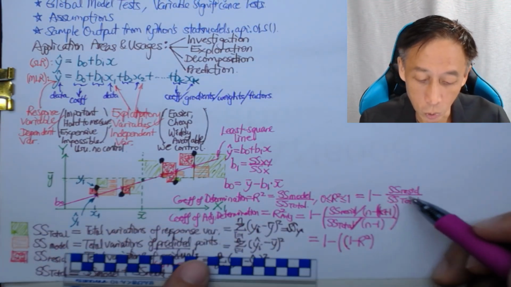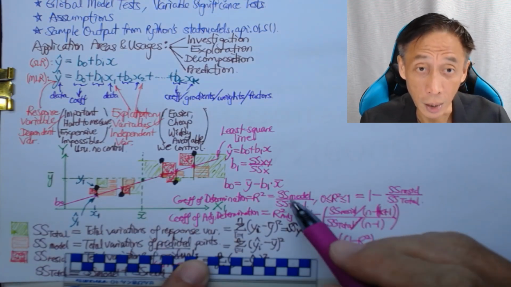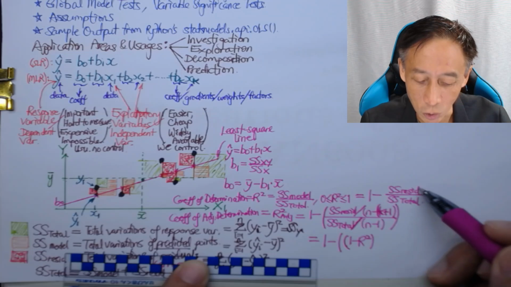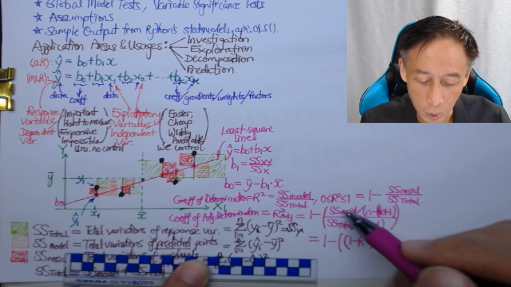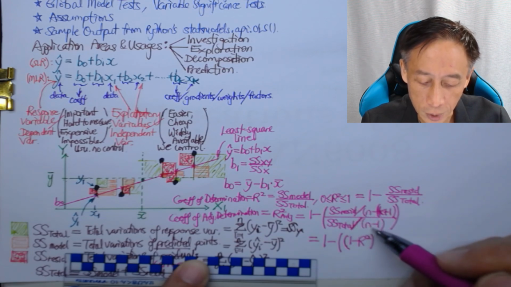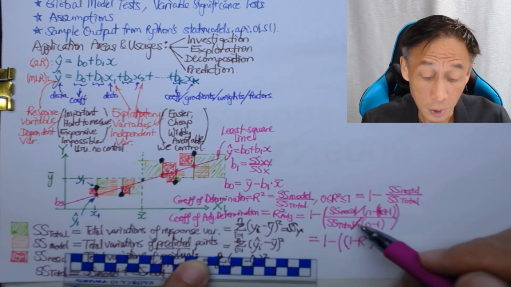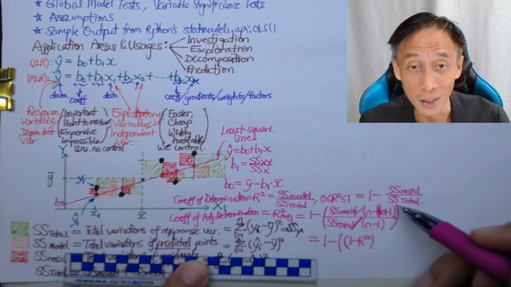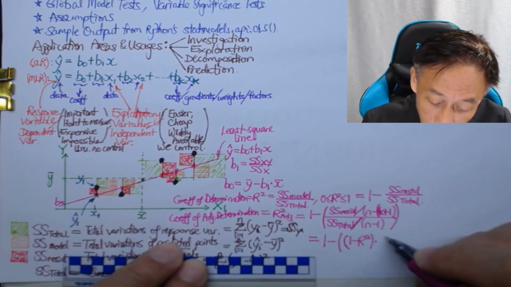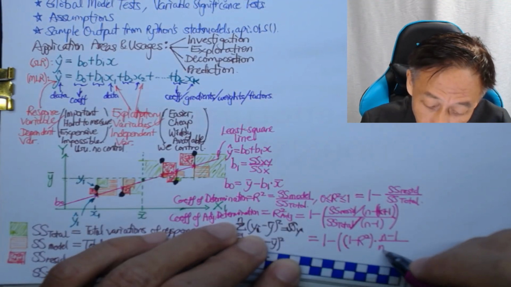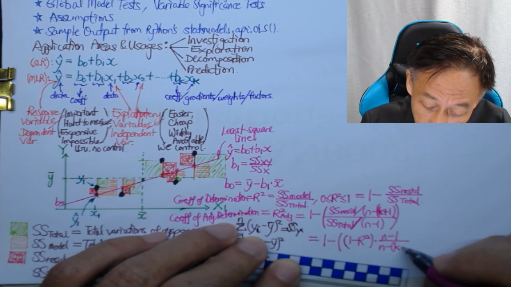We bring the whole term over to the left and bring r squared over to the right, and we have 1 minus r squared equals SS residual over SS total. And then you have this over this, because dividing by a denominator means the denominator becomes the numerator, right? So times n minus 1 over n minus k plus 1.